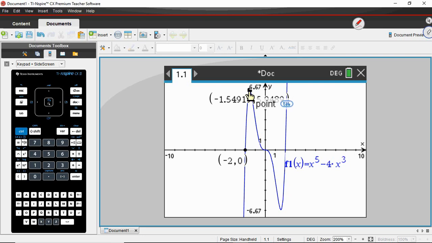Any place where we have a max or a min, and any place where we're crossing the x-axis are definitely going to be important points that we're going to want to include in our sketch, along with horizontal or vertical asymptotes and other things that we'll worry about later on. Some things that we'll talk about in this course, some things that we won't talk about until future math courses.